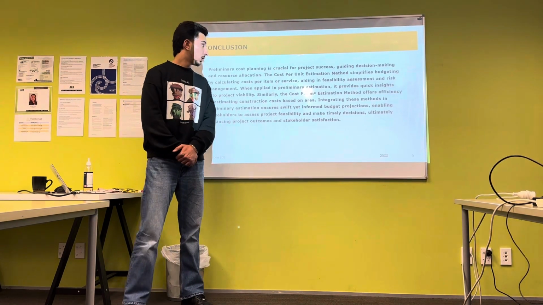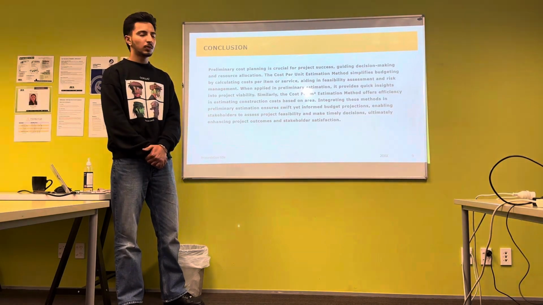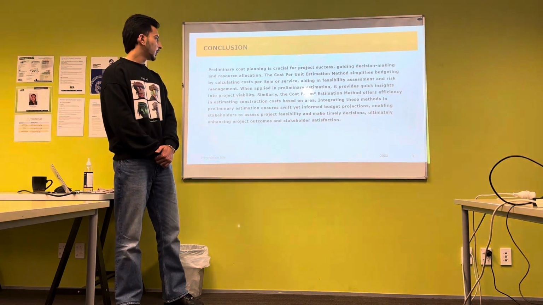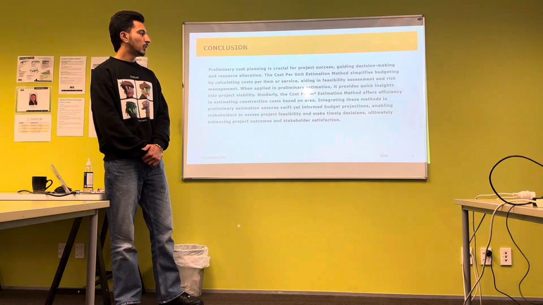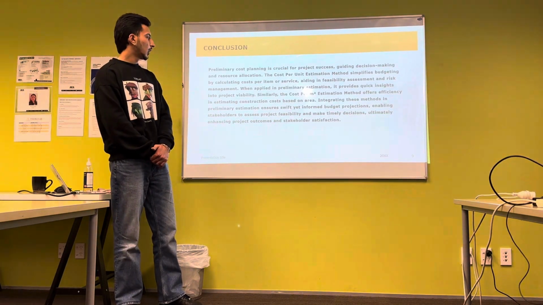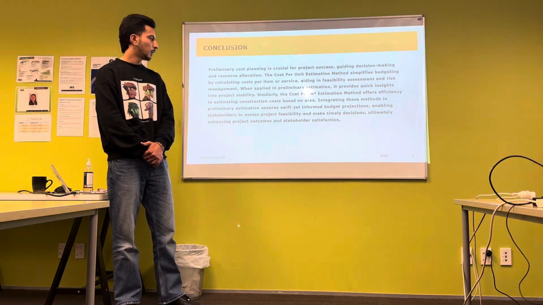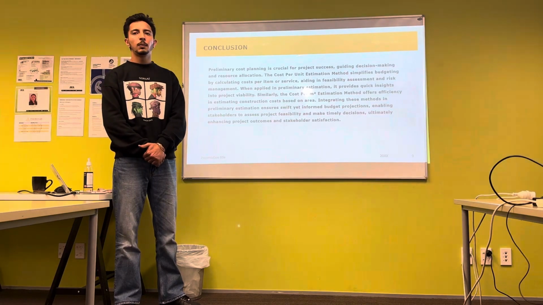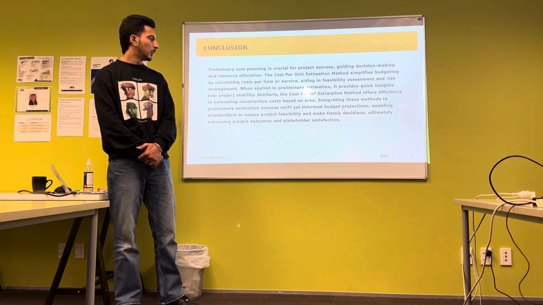So, in conclusion, preliminary cost planning is crucial for a project's success in guiding decision making and resource allocation. The cost per unit estimation method simplifies budgeting by calculating cost per item or service, aiding in feasibility assessment and risk management. When applied in preliminary estimation, it provides quick insights into project viability.